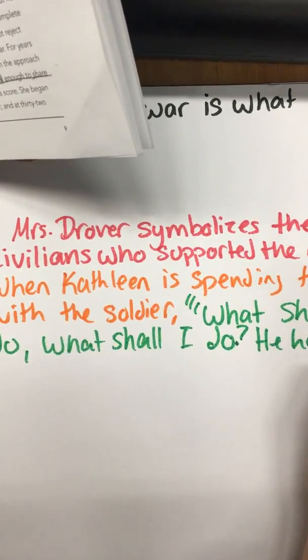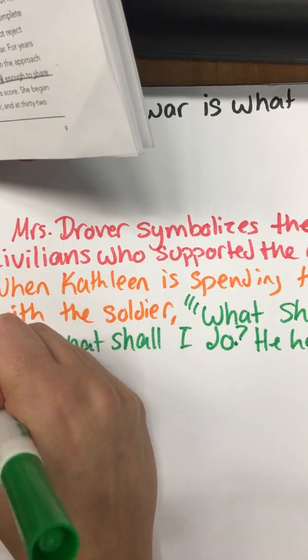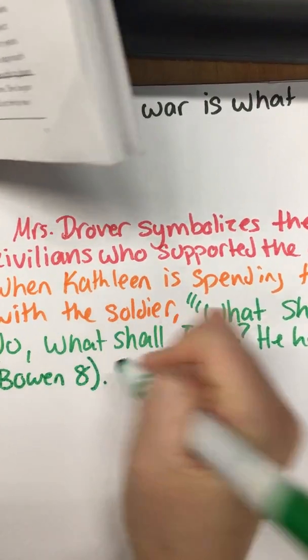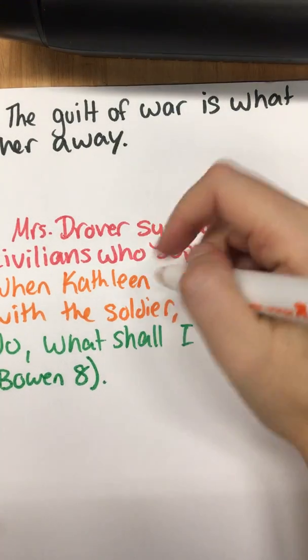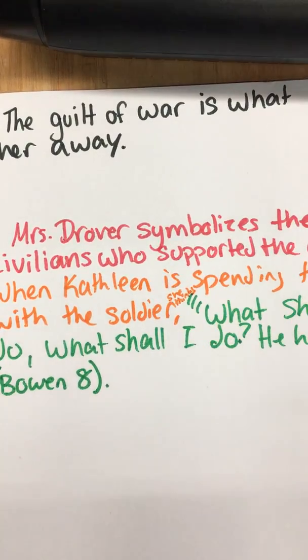He has gone. And then I'm going to cite this. This is Bowen and on page 8. And I just realized that my sentence doesn't quite make sense yet. So when Kathleen is spending time with the soldier, I'm going to add in she thinks, and then this is what she is thinking.